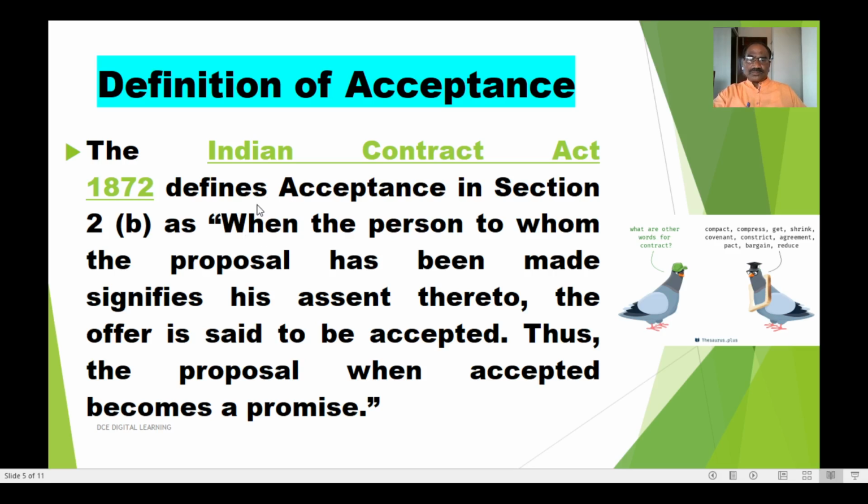subsection B. So therefore according to this section of the Contract Act of 1872, what is called as an acceptance?